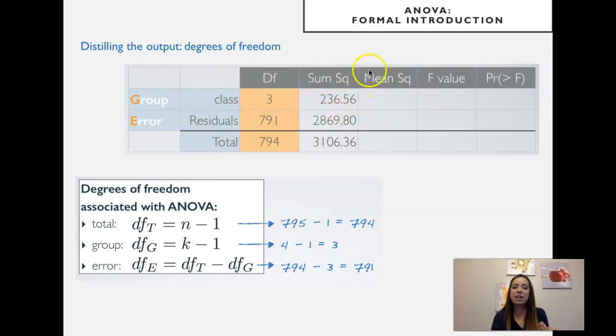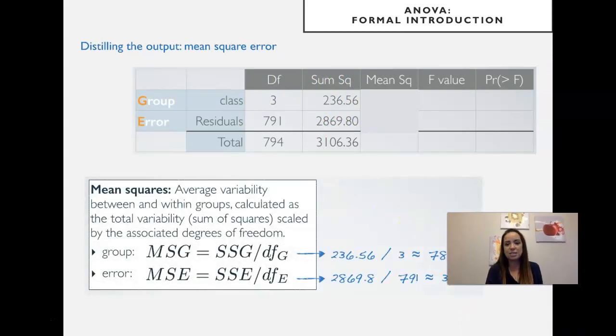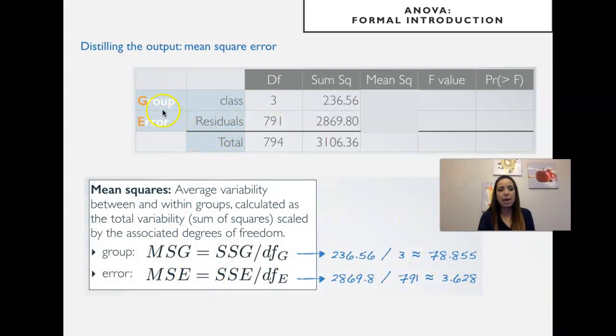So to compute the mean square, what I do is just divide the sums of squares by the degrees of freedom. And this gets me the mean square values, right? So MSG is going to be the total sums of squares, total deviation of group means from the grand mean, divided by 3.